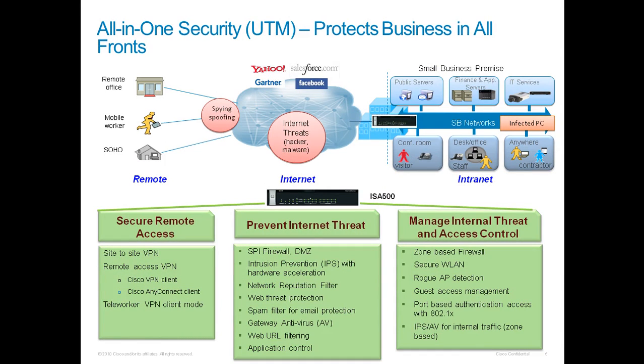This slide is to summarize the features of the ISA500. On the left side, we have secure remote access for the branch office to connect back to the headquarters using the site-to-site VPN. We also have the mobile worker that will be able to connect by VPN to the company.